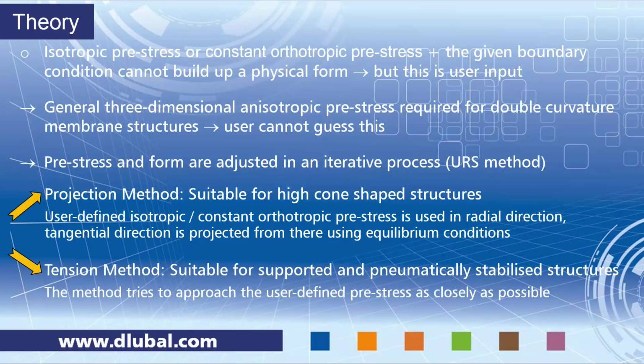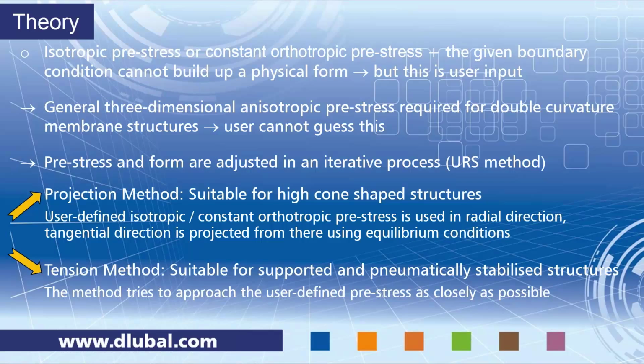But you can imagine that this is nothing you can easily define, or that's something you know. So if you just define an isotropic or a constant orthotropic pre-stress, you are not able to calculate a form which is physically possible. So it's just not working from the physical meaning.